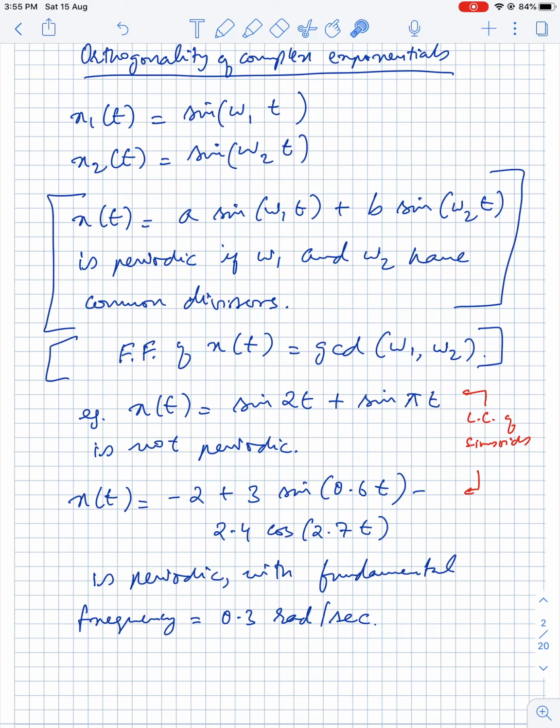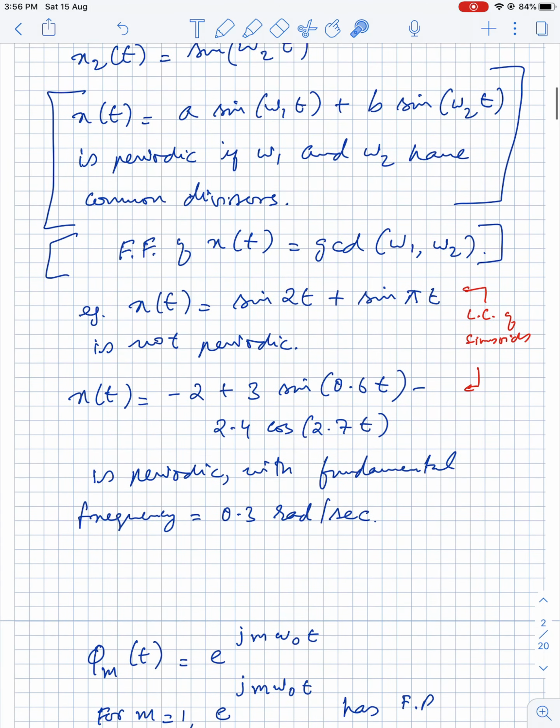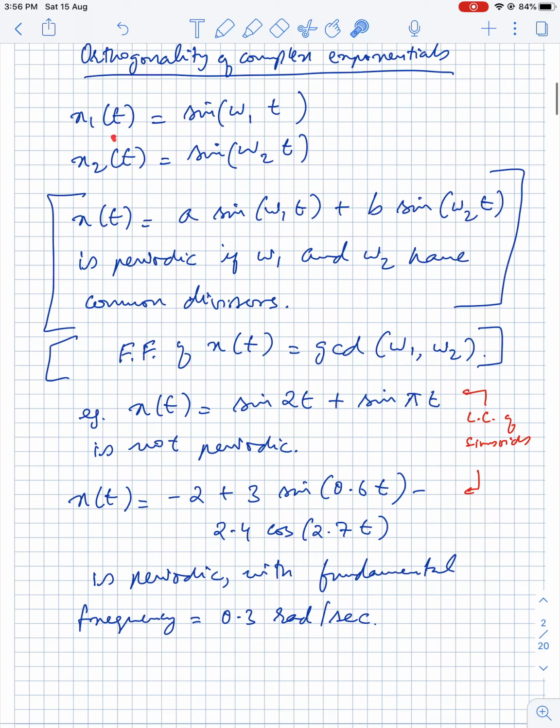So x1 of t is sine omega 1 t and x2 of t is sine omega 2 t. Now the question is, if you take a linear combination of x1 and x2 such as this, then will the resulting x of t be periodic?